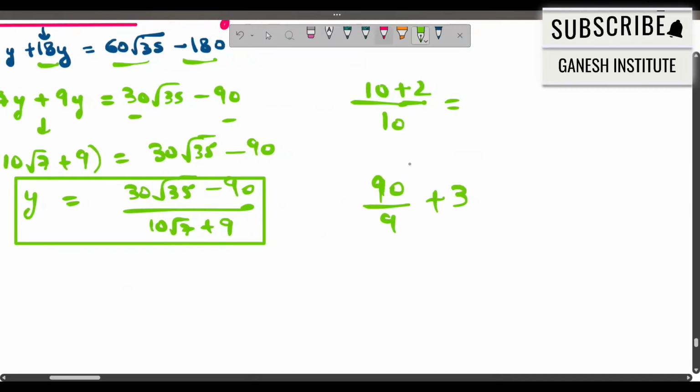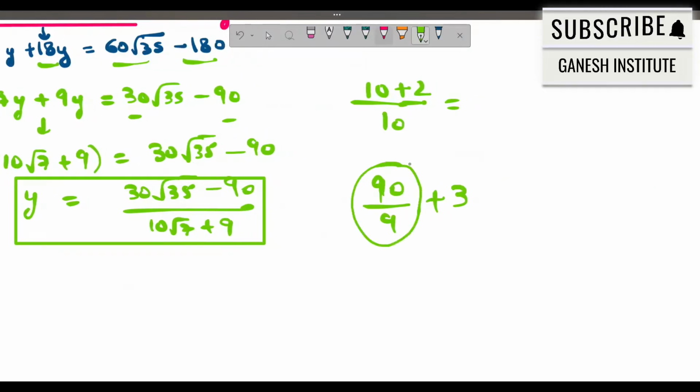If the denominator is just with 90, I can cancel it. But since the division sign is over both, you cannot cancel. Why? Because then I'll get 3, but actually this is 12 by 10, which is 1.2.